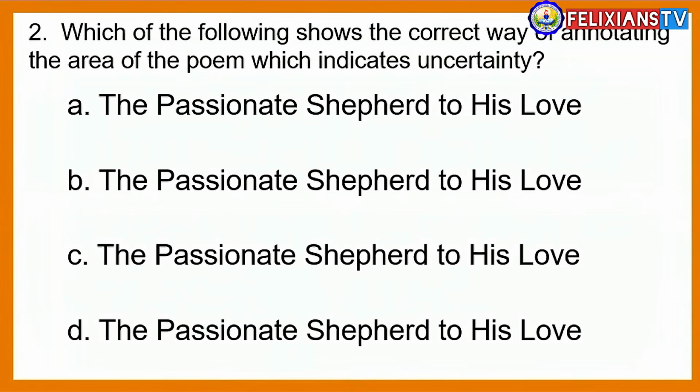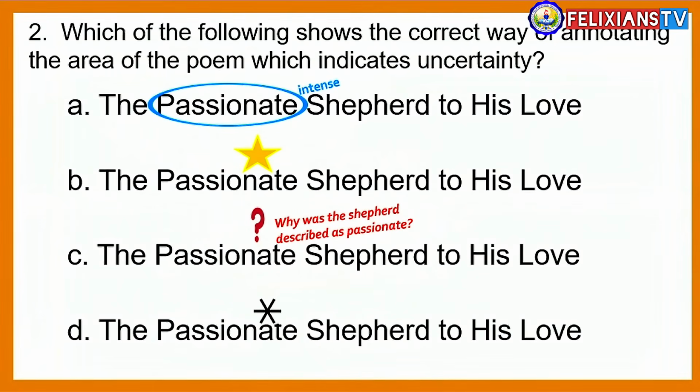Number 2. Which of the following shows the correct way of annotating the area of the poem which indicates uncertainty? Letter A, letter B, letter C, or letter D? The correct answer is letter C. Use question mark and write your question.